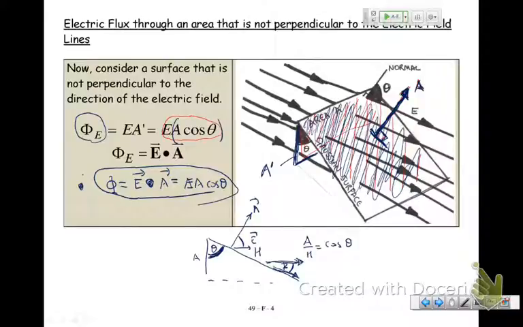It's not that A cosine theta replaces that A. It's that the E is the magnitude of E and the A is the magnitude of A, and that dot product is given by that. So the cosine theta is there because it's a dot product. It's not there because it's a vector. Okay.